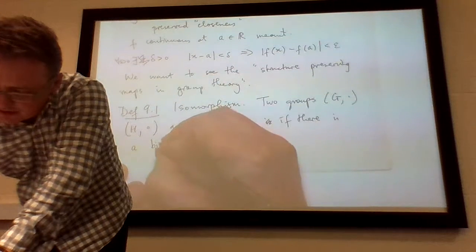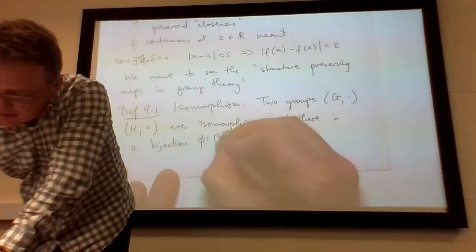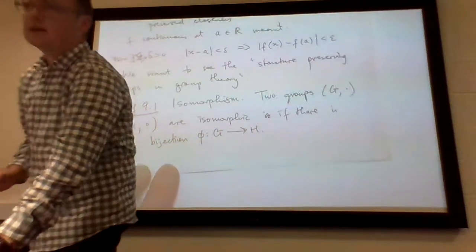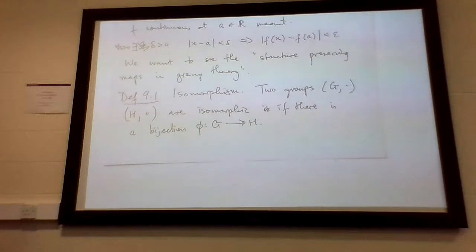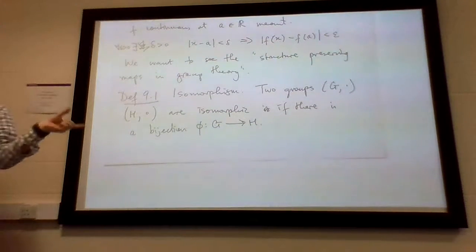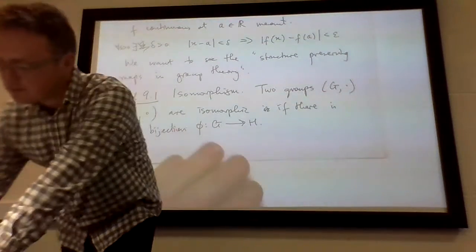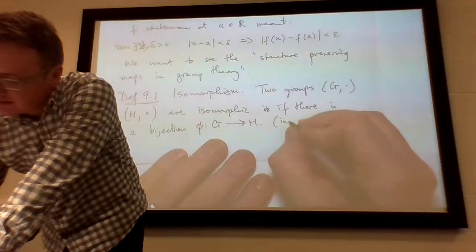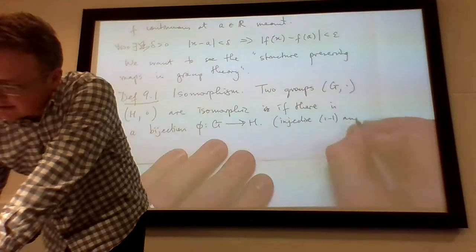Now, what does bijection mean? It's a function phi from one set to the other, which is bijective, which means it's injective and surjective. Injective means one-to-one, surjective means onto.